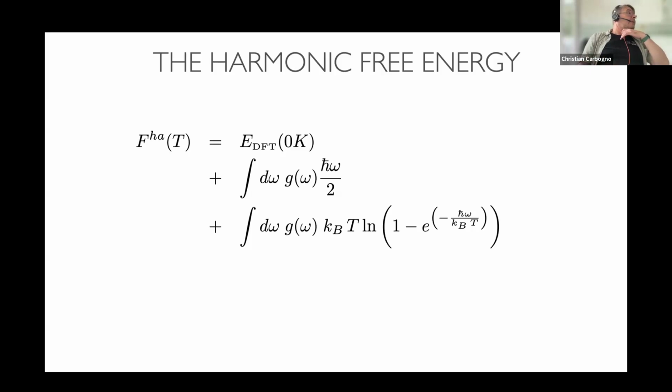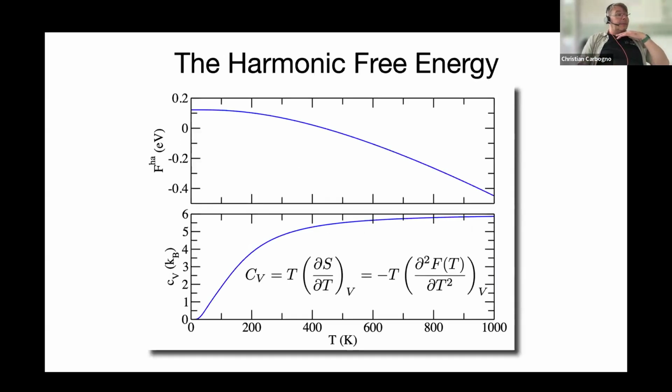Or, to give you an example, if you go back to the specific heat, what you see here is essentially telling you how much energy you have to put in your system to increase the temperature, and this is basically the second derivative of the free energy, or the derivative of the entropy, and so this has to show such a behavior. I hope this makes it a little bit clearer.